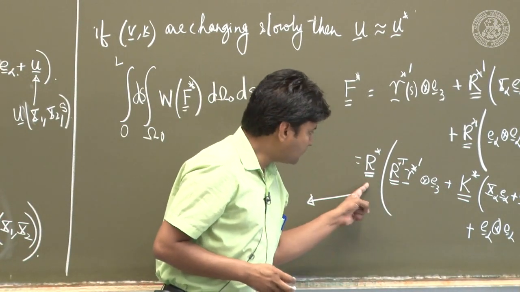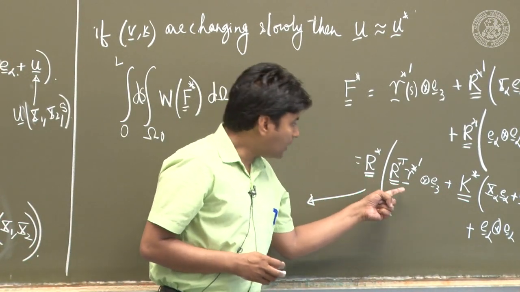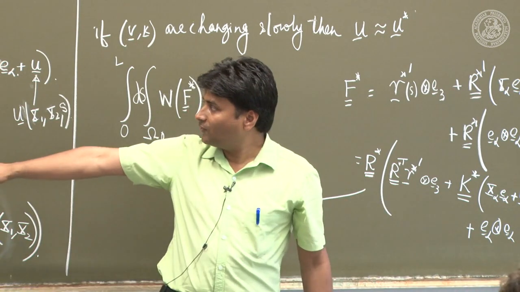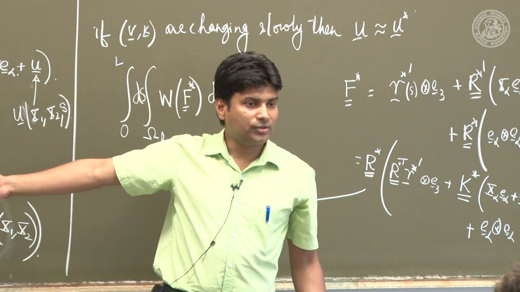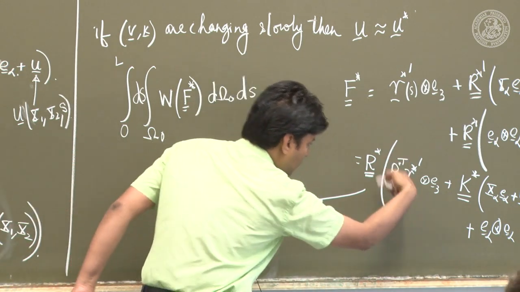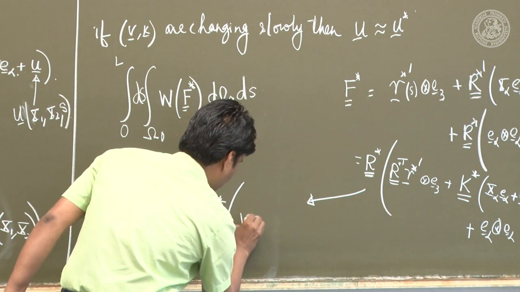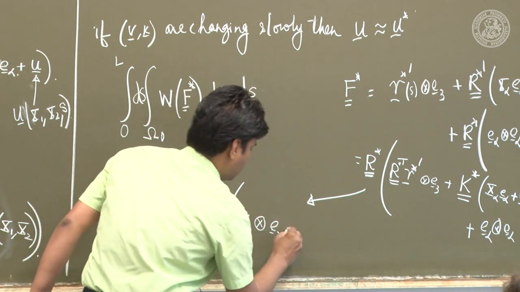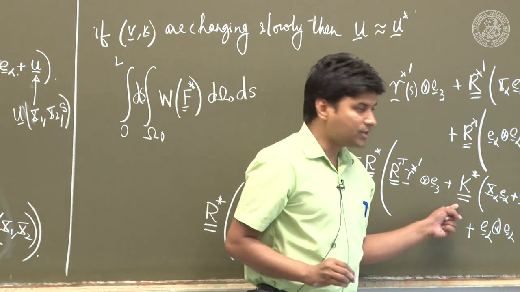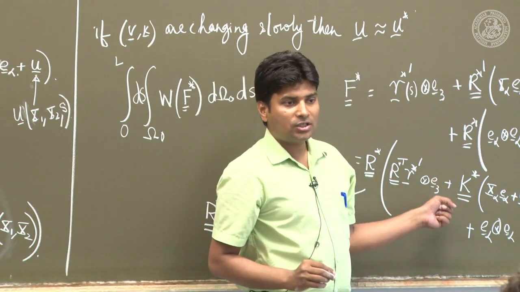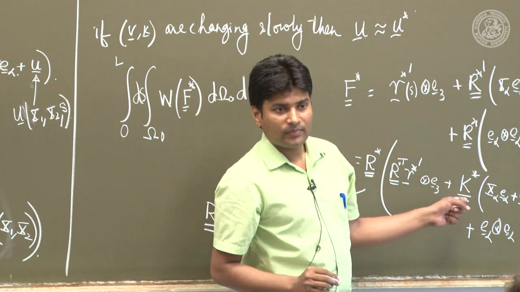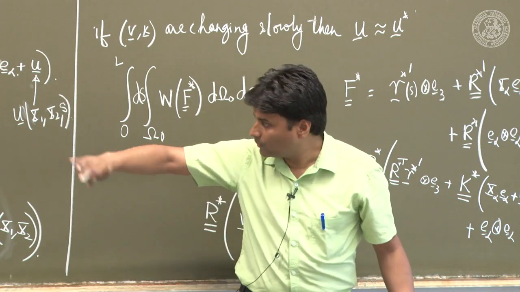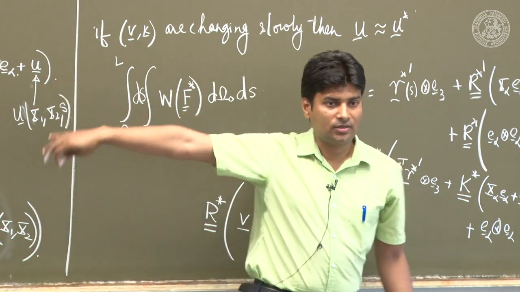Although big R is a function of S and little r is a function of S, but the strains V and K are not functions of S. So when you work this out, this gives you a V which is constant, V tensor product E3. Similarly, this K star, which is big R transpose big R prime, that also won't be a function of S because you have imposed constant V and K.